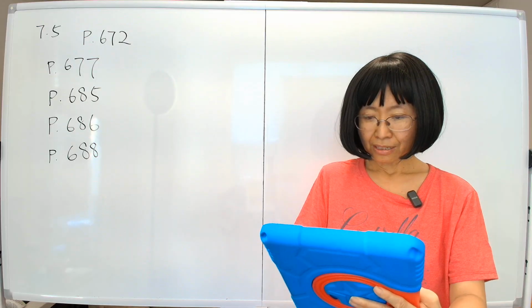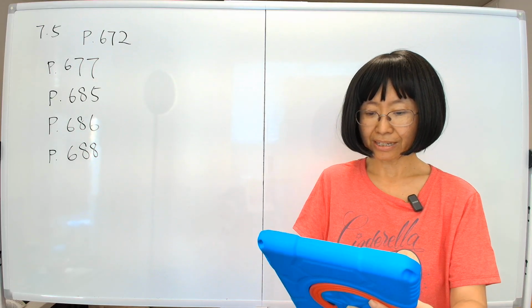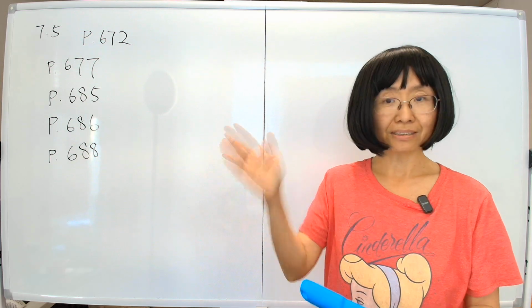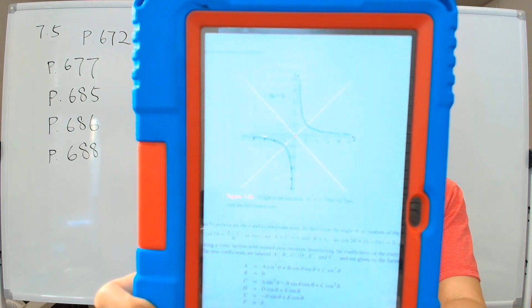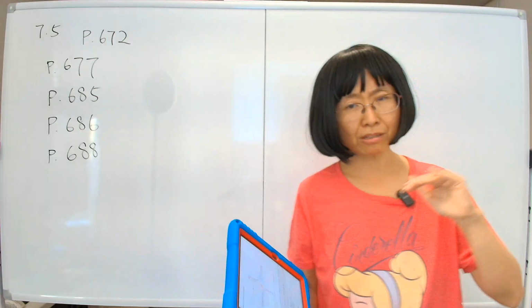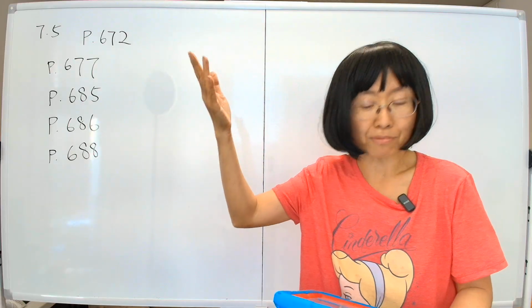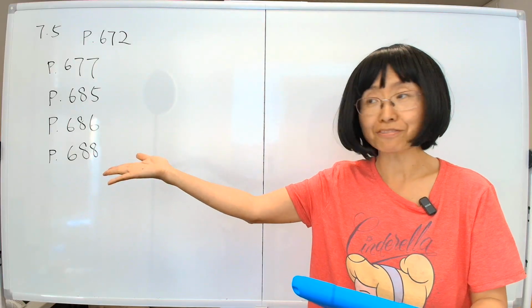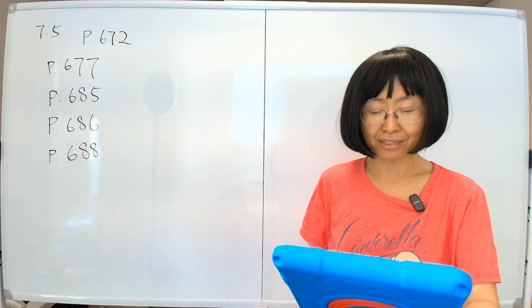If you have something that's tilted, like xy equal to 1, which is a hyperbola, but it's tilted, not straight up, it's sort of sideways. There's a way to turn it so that instead of sideways, it sits straight up or level, like it's supposed to. There are a bunch of formulas to do that.